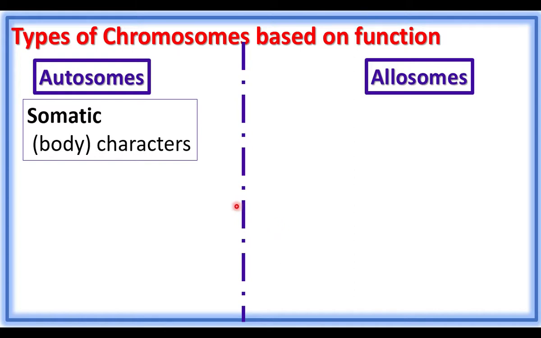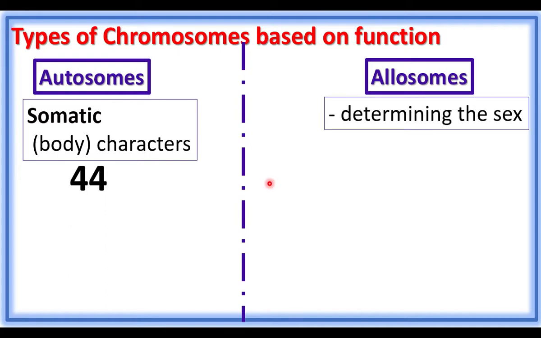The number of autosomes is equal in both male and female. In human beings there are 44 autosomes. Allosomes decide whether an individual is male or female. They are involved in determining the sex.